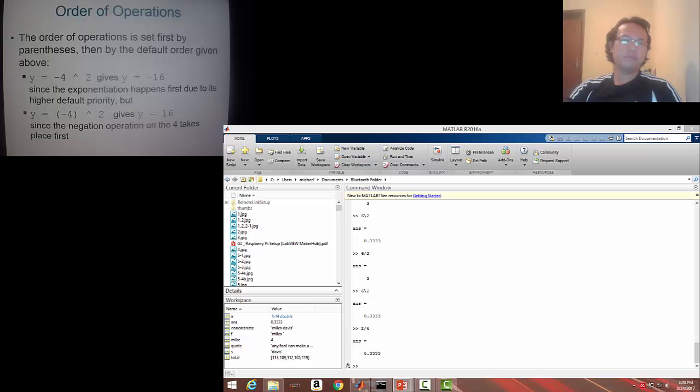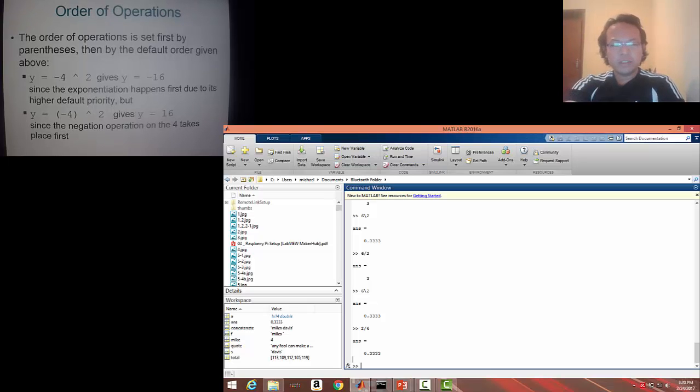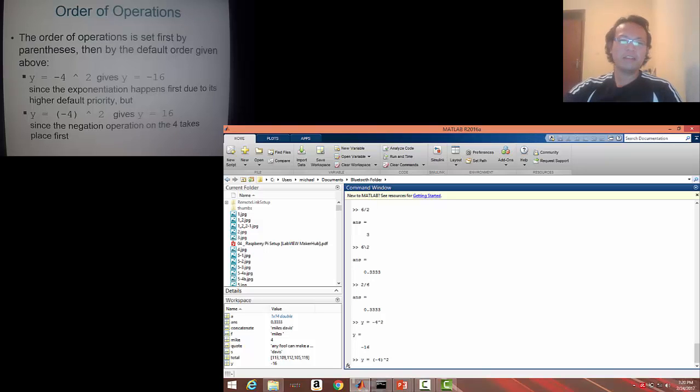But if you put parentheses, so let's say y is equal to (-4) and then squared, this is -4 times -4, 16. Okay, it's positive 16.